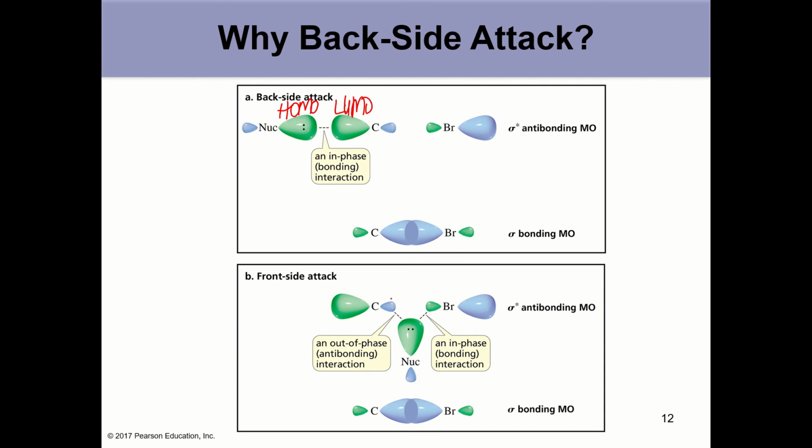If we were to have front side attack, we would have repulsion of the nucleophile's electrons with the bromide atom that is in the way, and there is out-of-phase interaction with the electrophile, so the nucleophile and the electrophile can't form a bond when the orbitals are out of phase.